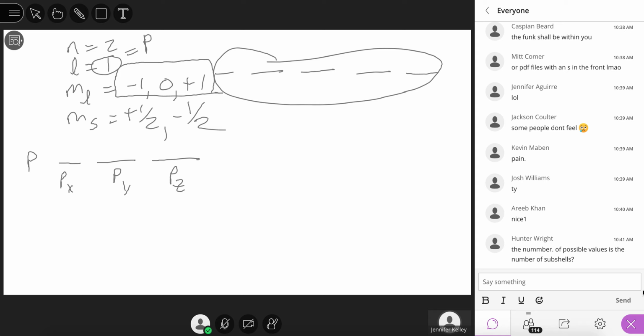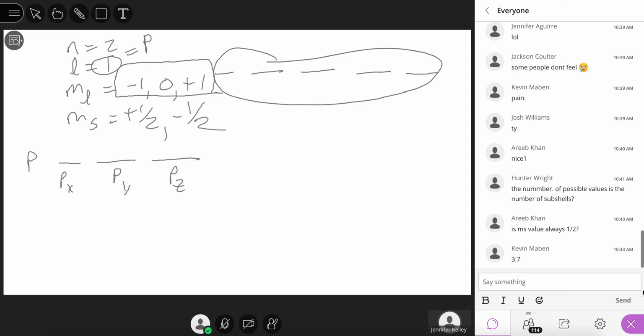So when you look at the second section that we read, what was the second one? 3.7, I think? I don't remember. But it tells you about the shapes and the orientations of the subshells. A P looks kind of like a figure 8.